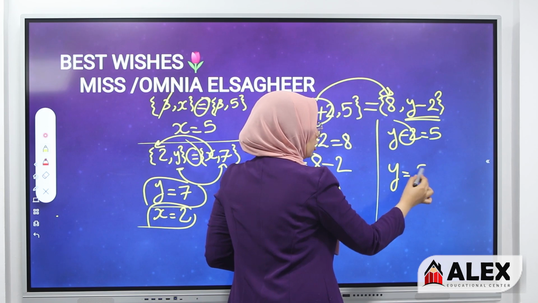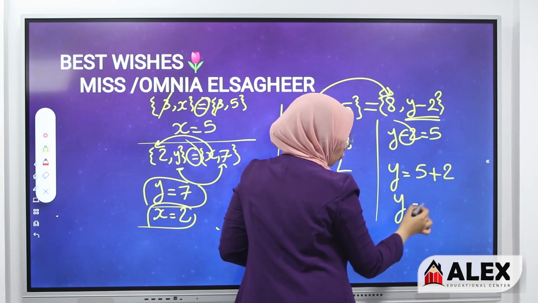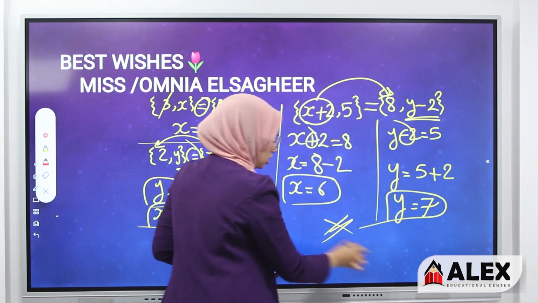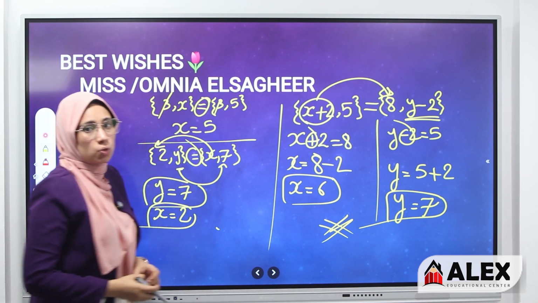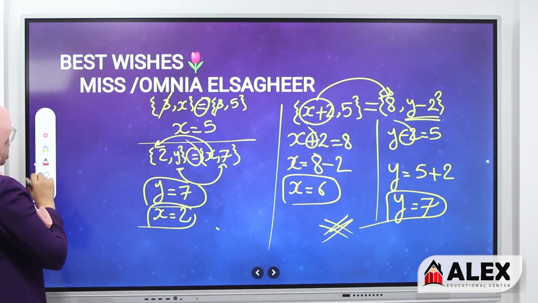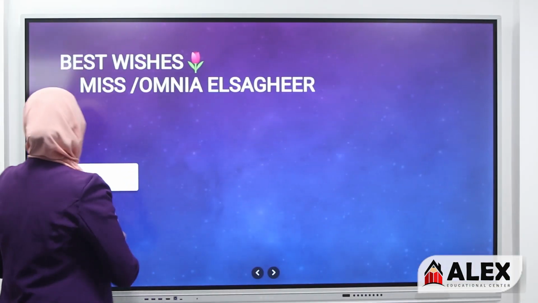Positive: 5 plus 2. Then the value of y equals what? Equals 7. That's the equality of the two sets, and how to find the variable. Okay? Let's solve some questions about diagrams then.